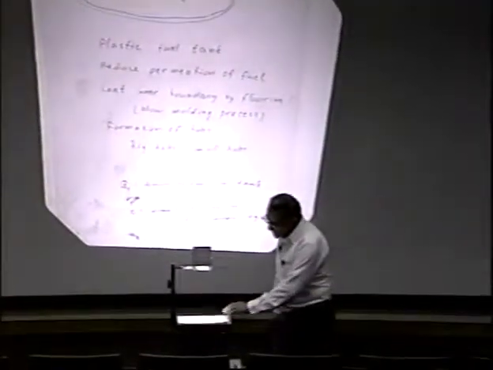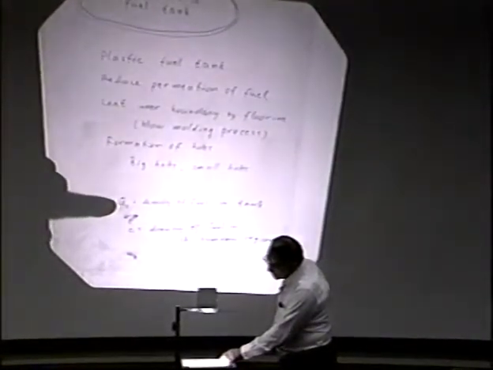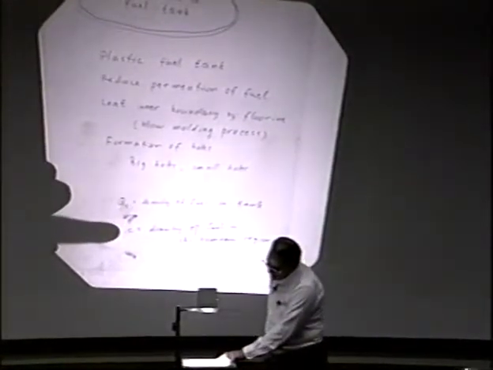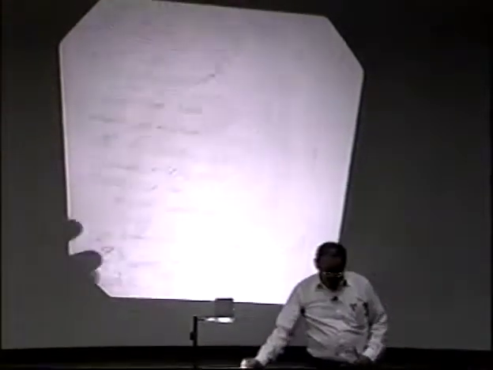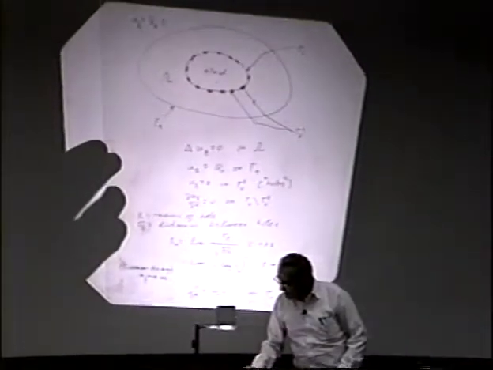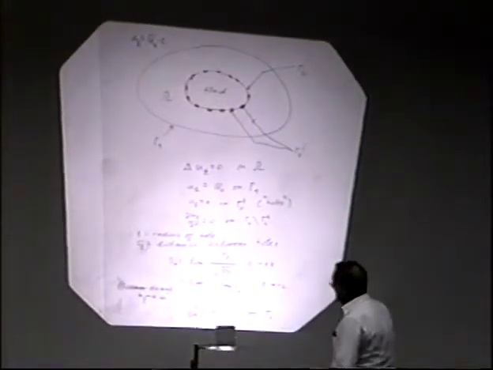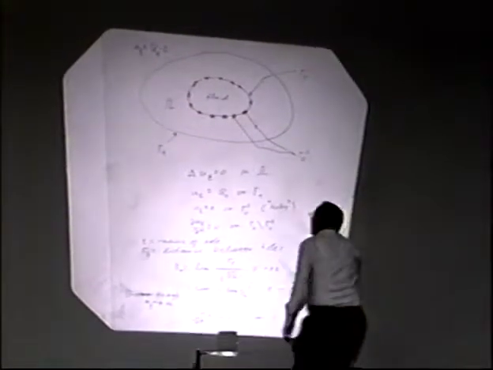Once it comes to the air, it dissipates, and so density is 0. So Q0 is the density of the fuel in the tank, and C is the density in this thin layer, and I am now going to draw a picture that will show it more clearly. But I'll call Q0 minus C, I call it U.